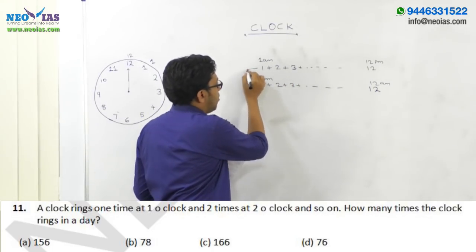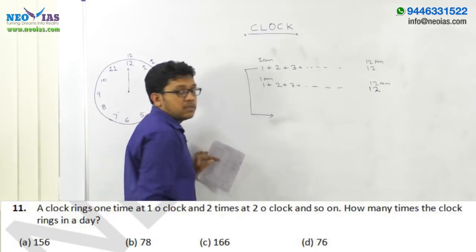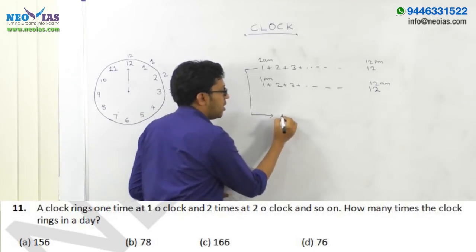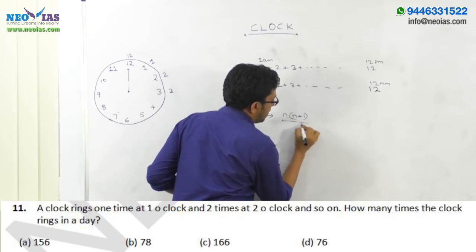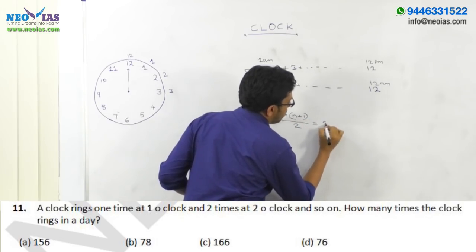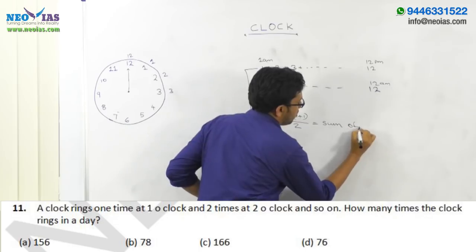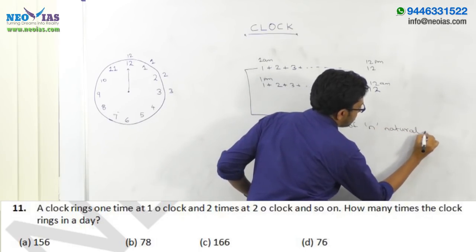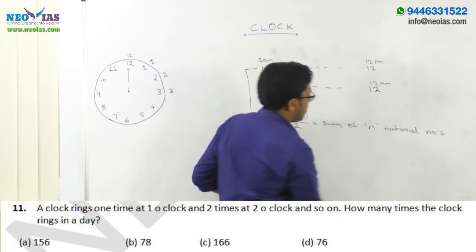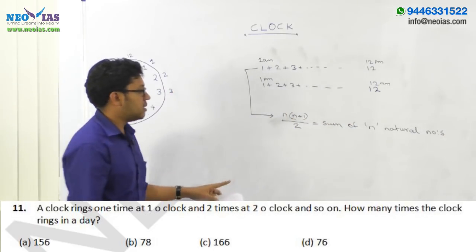What is the sum of n natural numbers? There is a formula: n into n plus 1 by 2 is equal to the sum of n natural numbers. We have studied this in our lower classes.